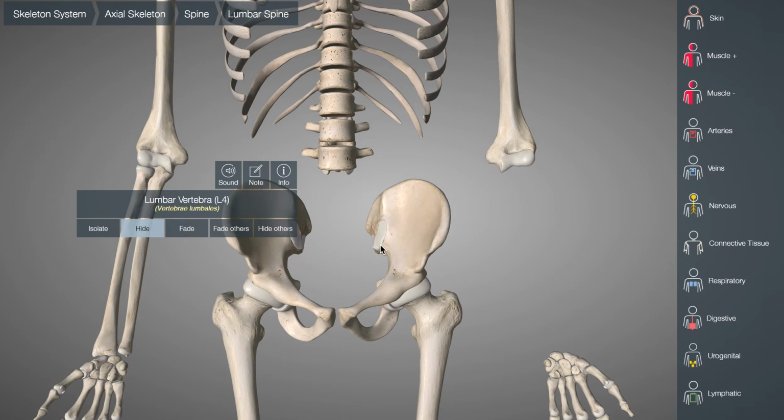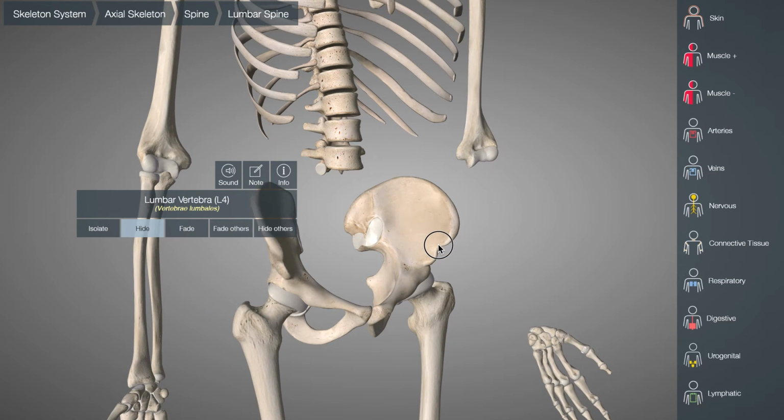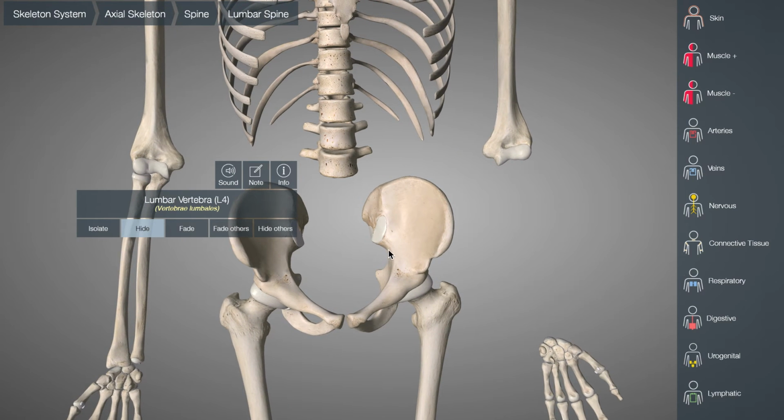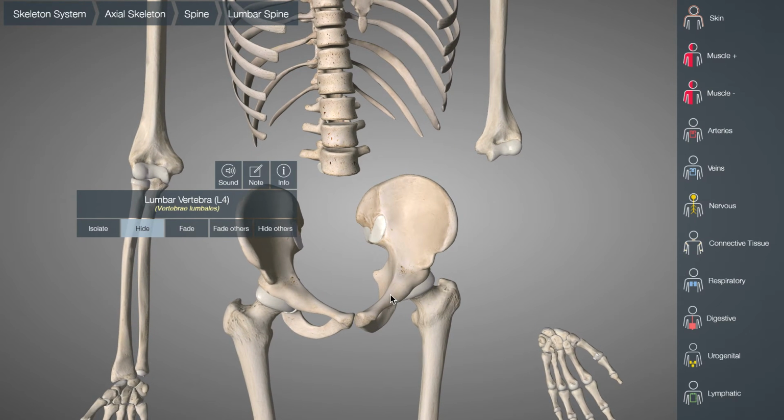So we have 6 bones in total that make up our one os coxa, and those are going to be 3 on each side.